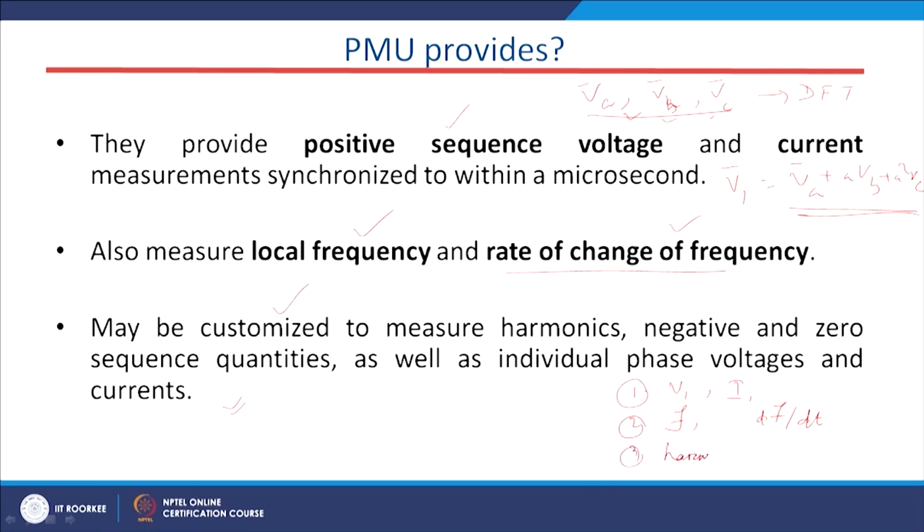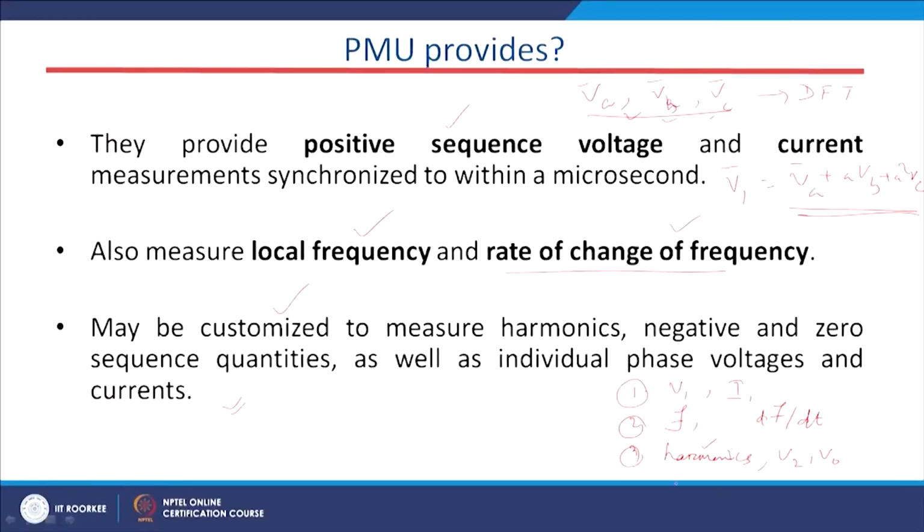This is very important, because nowadays in smart grid systems we have many inverter based generating stations coming up, basically solar, wind, or fuel cell, or other devices where electronic interfaces are present. In that case there is a good chance of harmonic injection into the network.